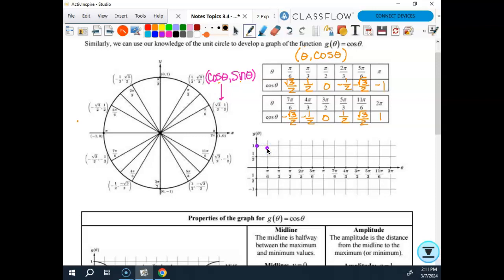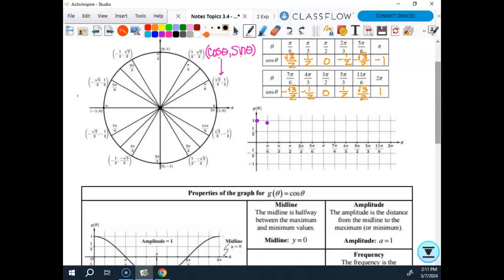And then go ahead and plot the rest of the points. Is that kind of what you expected?